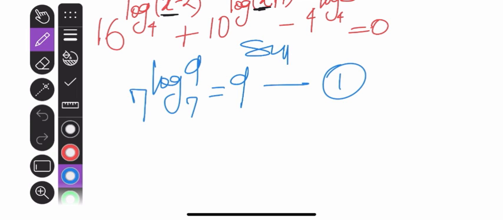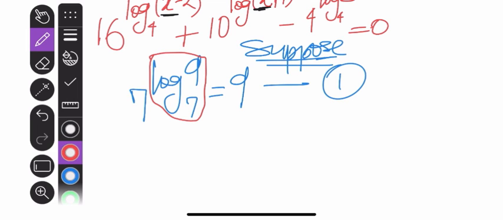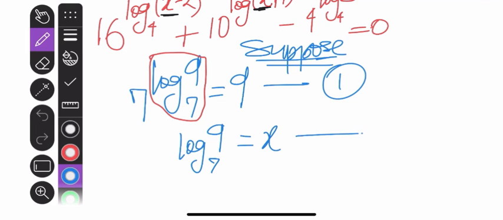From there we can deduce, let me write my supposition first, that I can derive equation 2 from this. I want to make the power equate to something. That is, this log 9 base 7 should equal something, so let this equal x.